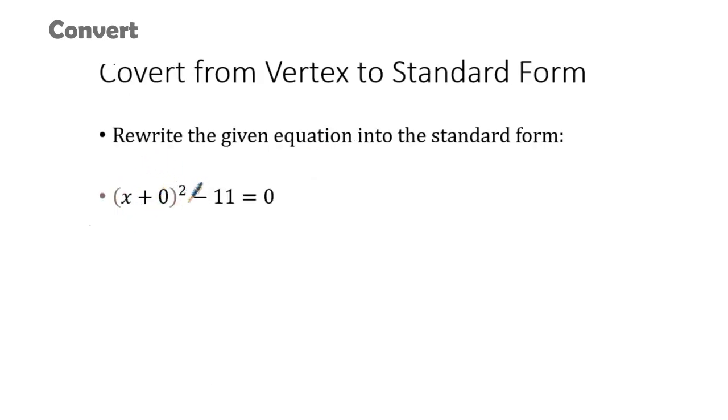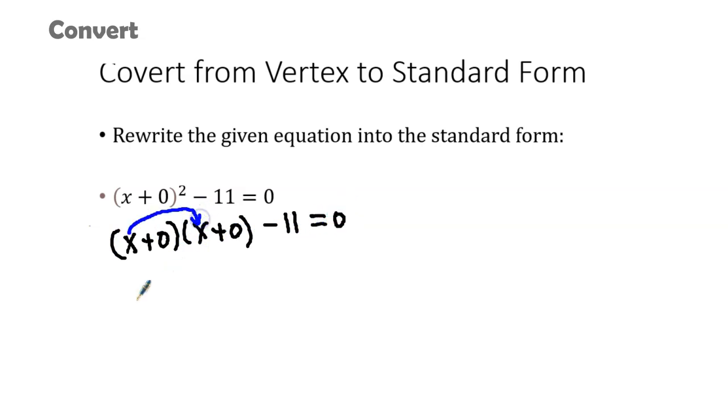Here I intentionally did that. So 0, you can forget about 0, or let's write it repeatedly. Minus 11 equals to 0. X times x squared. X times 0 is 0. 0 times x is 0. 0 times 0 is 0.